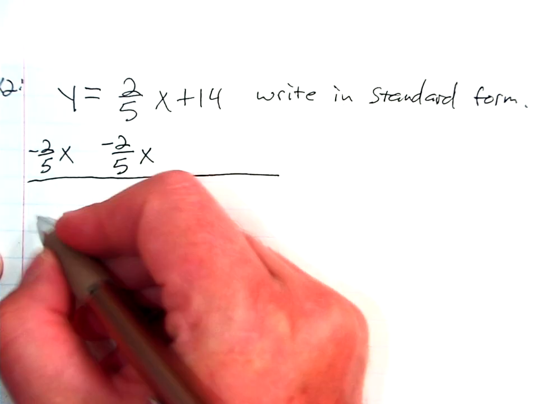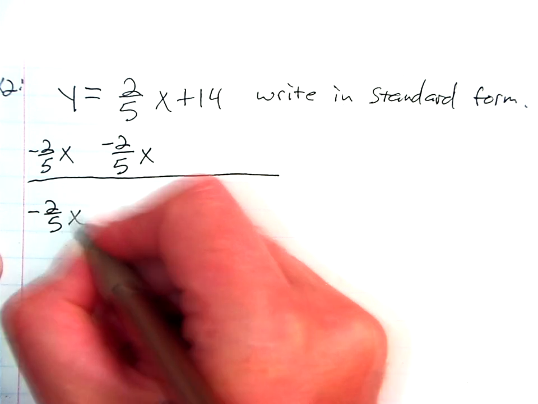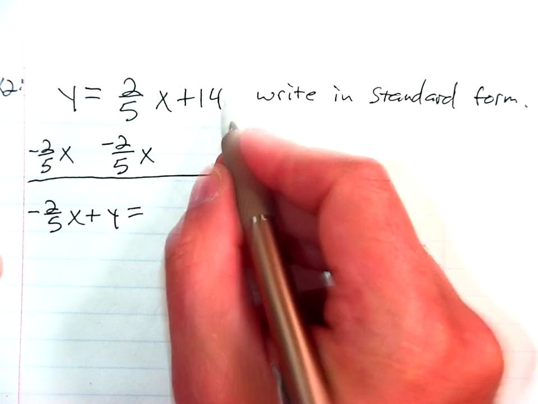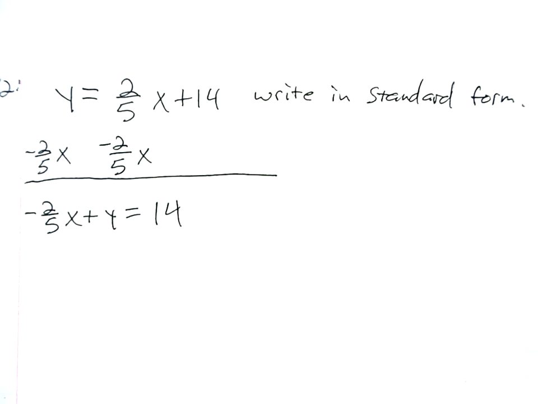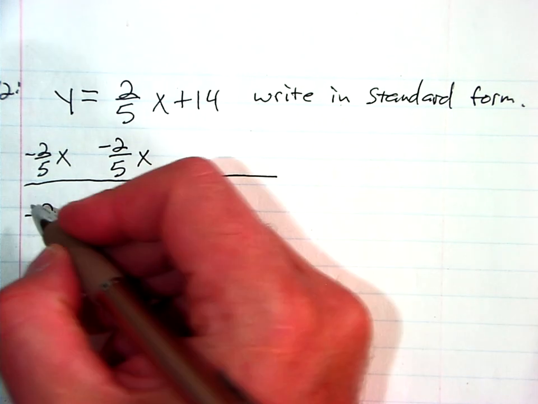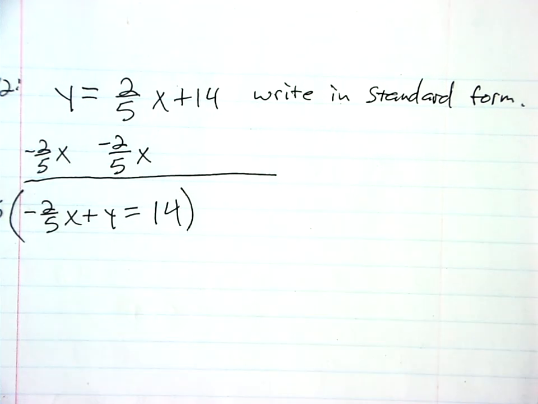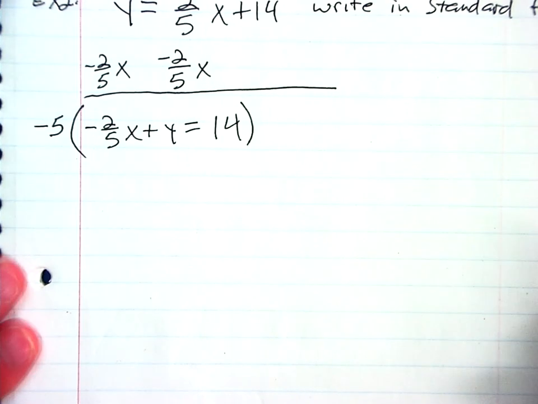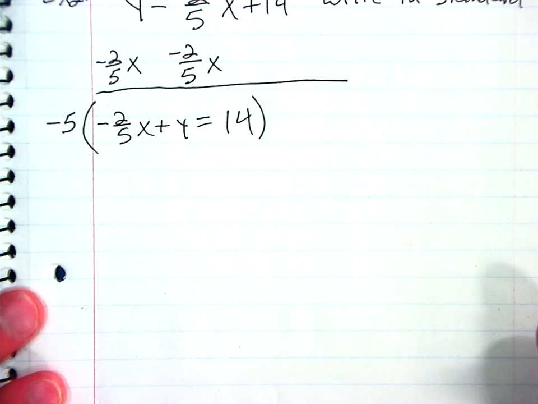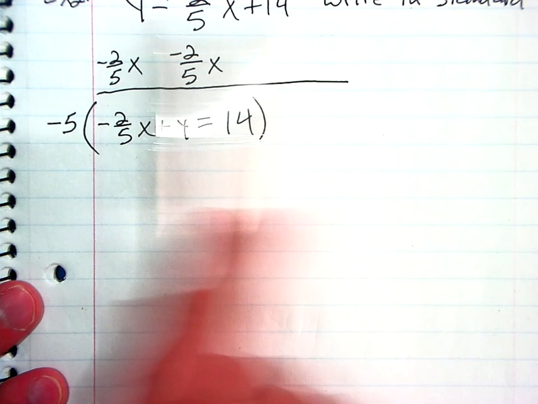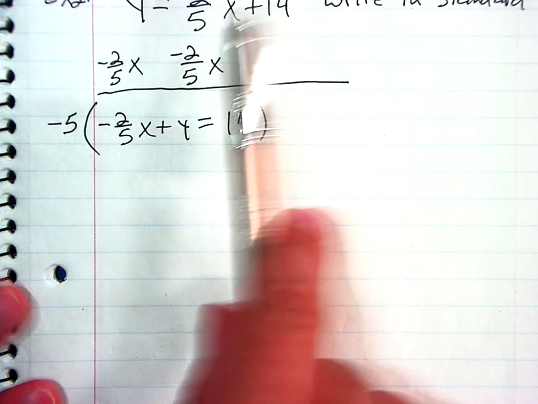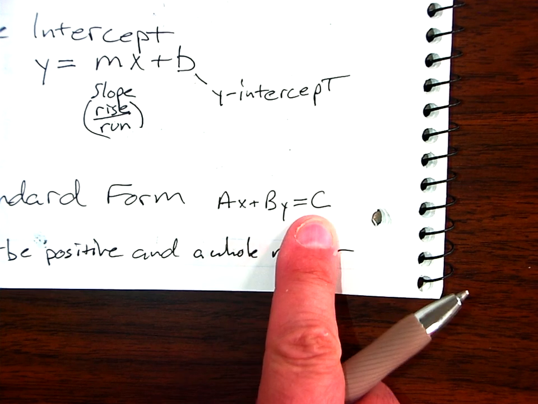All right, the x must go first. Minus 2/5 x plus y equals what's left over here? 14. Because if I multiply this by 5, is my negative going away? So what do I need to multiply it by? So we're multiplying this entire thing. So I need the x and the y on the same side of the equal sign, right?